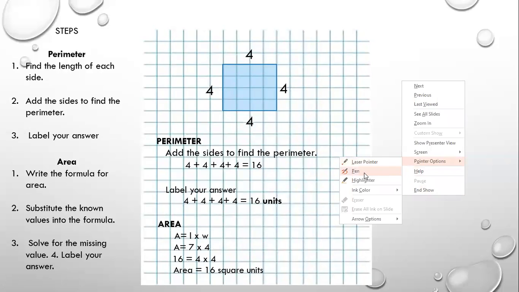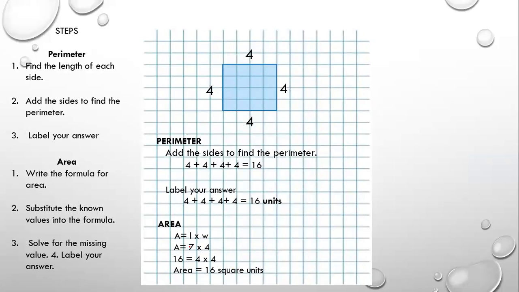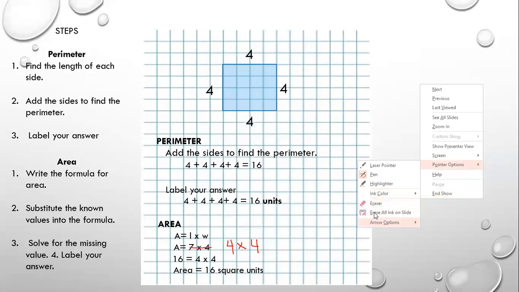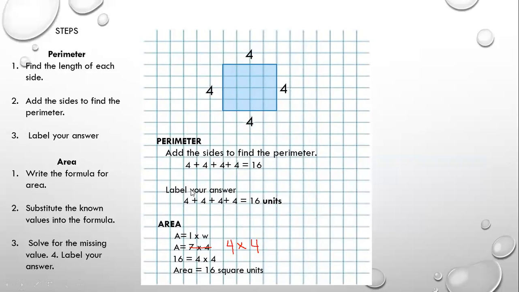And I'm going to make that correction here as well. All right, and we're going to continue. Now, as you go through these, the thing that I would just remember to pay attention to in writing our units at the end of our answer, perimeter does not have square there.